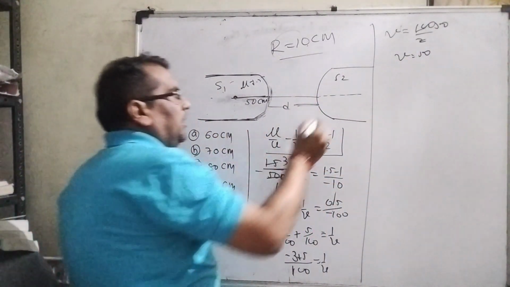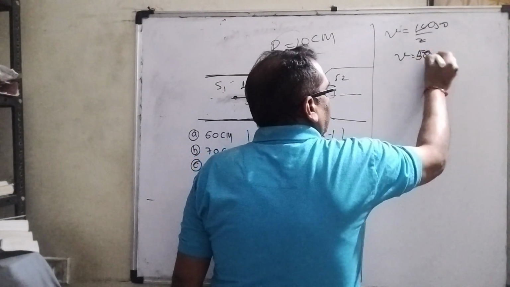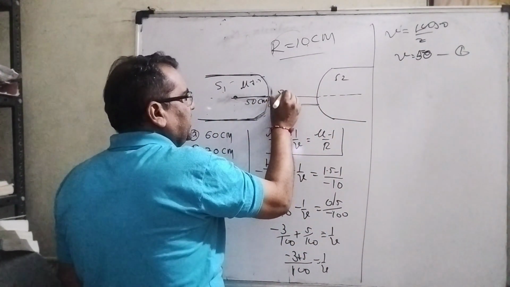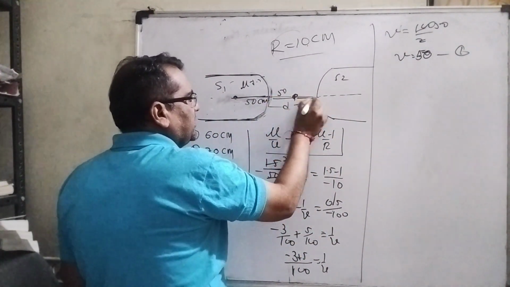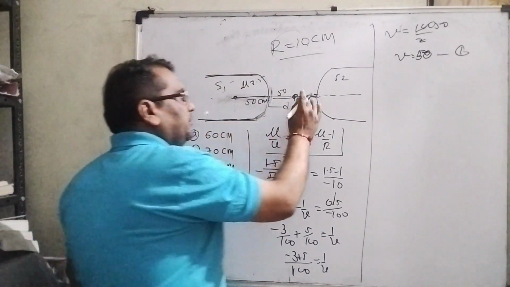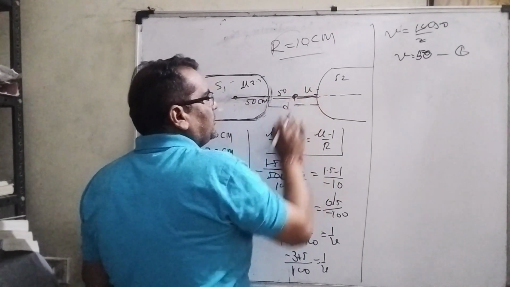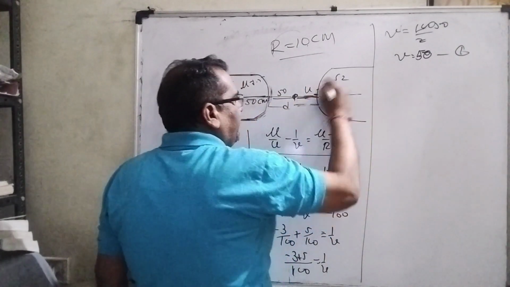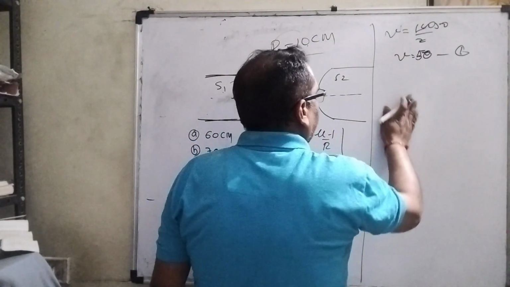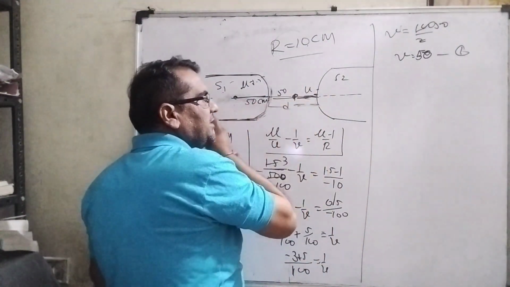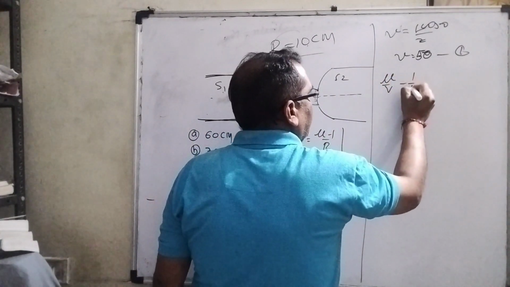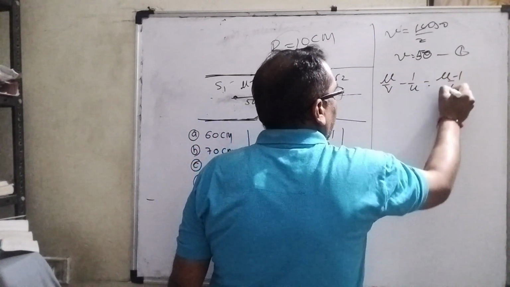Okay. Now for the second condition. For the second condition, supposedly it is 50 centimeter, but this is the distance, we don't know about that. What is the distance actually? So we put u as it is. But here after refraction it goes parallel. Means by using again the refraction through the surface, from rarer to denser, mu/v minus 1/u equals (mu minus 1)/R.